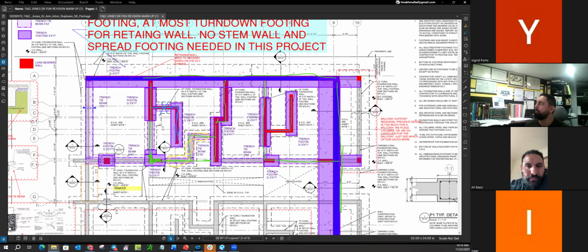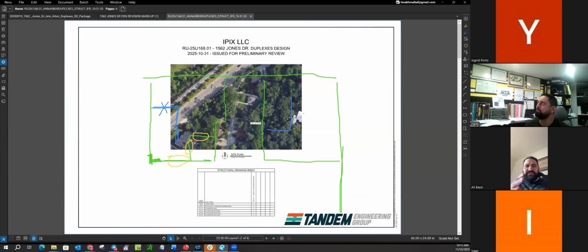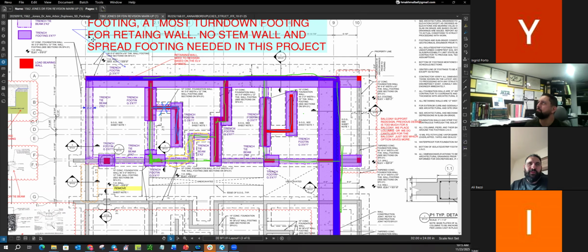Yeah, it looks like wherever you have the windows, we can make them smaller, but the load coming down is going to be distributed on either side of the window. So it's still the same amount of load, just distributed differently. We can look into that and see how we can make that more efficient.